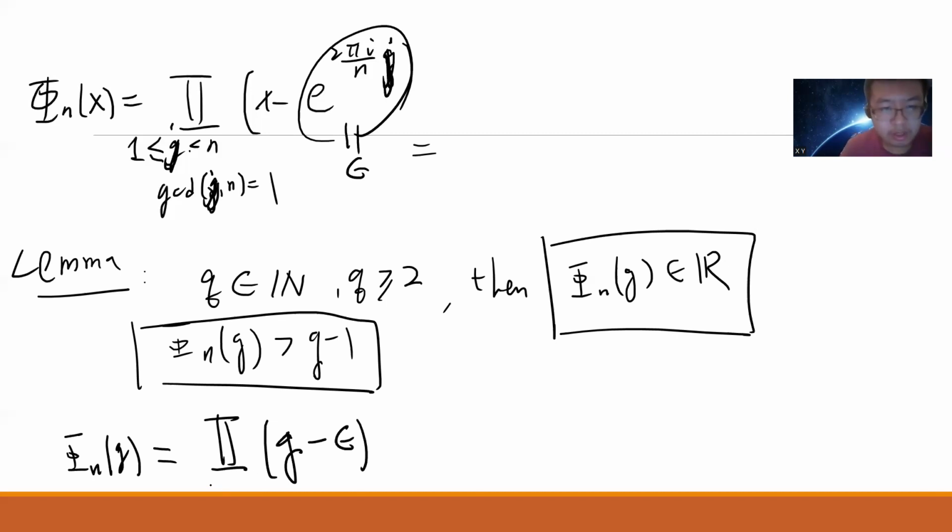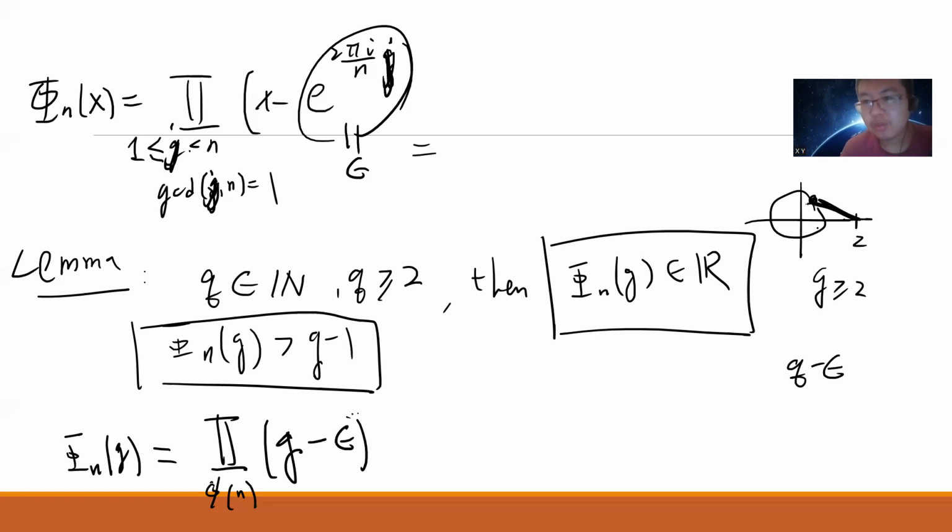There are φ(n) of them, the Euler function, and then there are some different powers here. But we know that q is greater or equal to 2, right? So q minus ε, where ε is a root of unity, and q is 2, this distance must be greater or equal to 1, and also greater or equal to q minus 1.